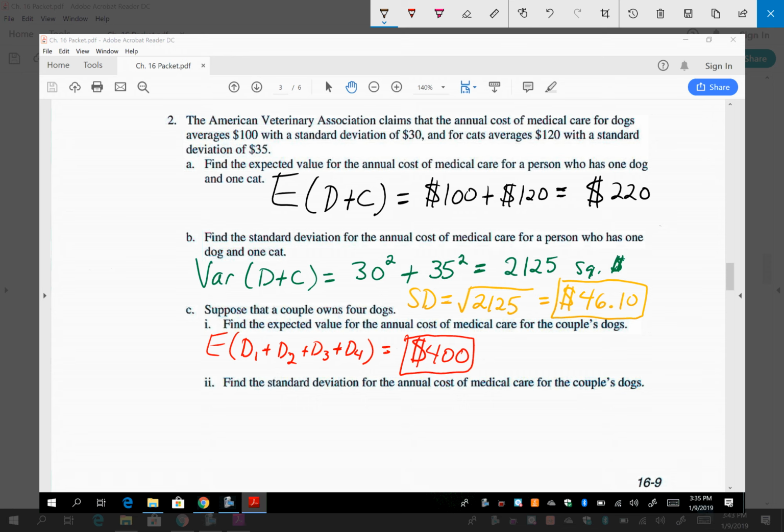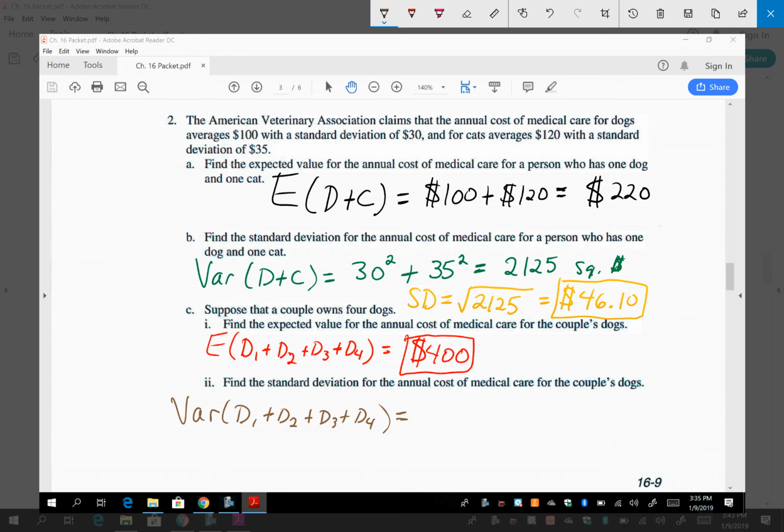All right. The last one. Find the standard deviation for this couple and their healthcare costs per year for their 4 dogs. I see find standard deviation, and I think variance. So I want to find the variance of 1 dog plus 2 dogs plus a 3rd dog and a 4th dog.